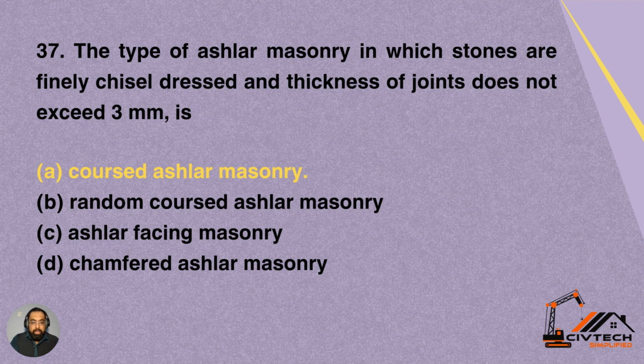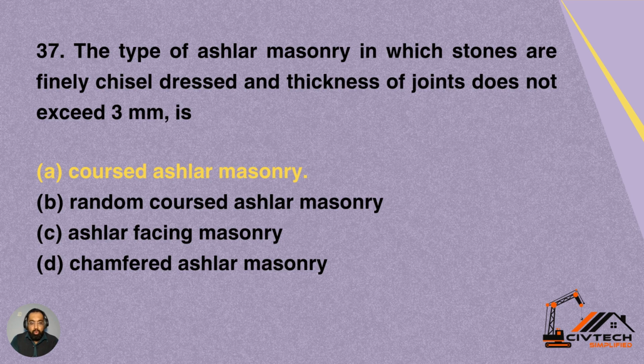Question 37. The type of ashlar masonry in which stones are finely chiseled or dressed and thickness of joints does not exceed 3 mm. So two things they have mentioned. One is stones are dressed and chiseled, and the second is the joint thickness should not exceed 3 mm. So what is that ashlar masonry called?